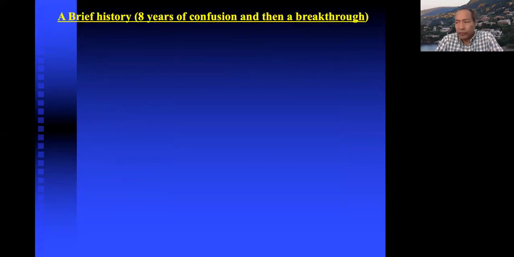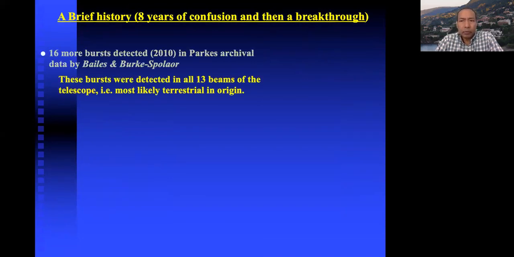There was a period of confusion leading to a breakthrough. 16 more bursts were reported in 2010, with the same telescope in Australia. However, these bursts were detected in all 13 beams of the telescope, and that strongly suggested that these are terrestrial, the source is not outside of the planet.